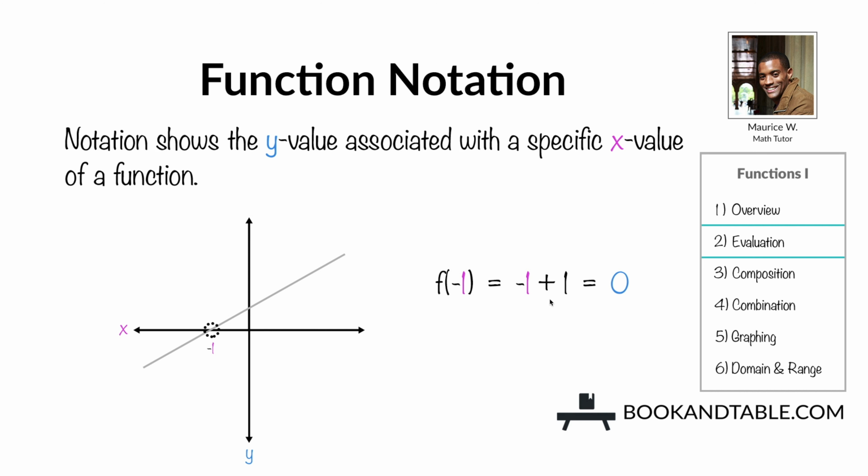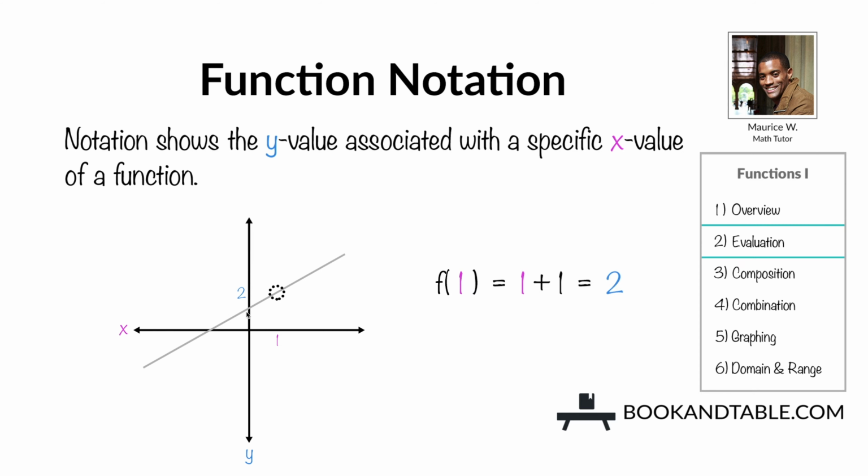So -1 plus 1 will give us 0. Let's say we plugged in a different number for our x. If we plugged in 0, that would give us 0 plus 1, which gives us an output value of +1. So at 0 along the x-axis here, the origin, we see the function has a y value of +1.